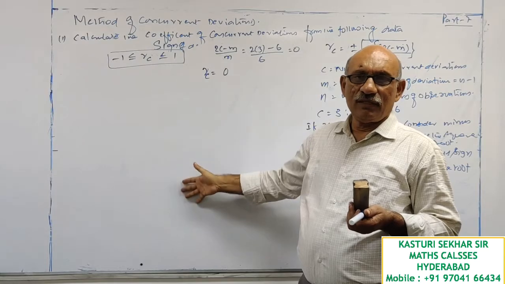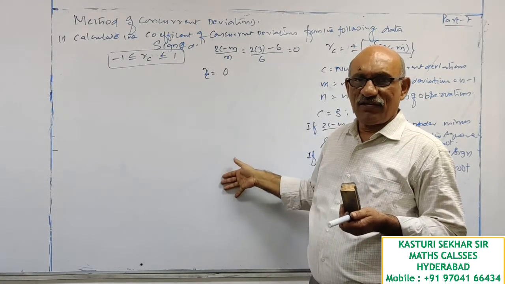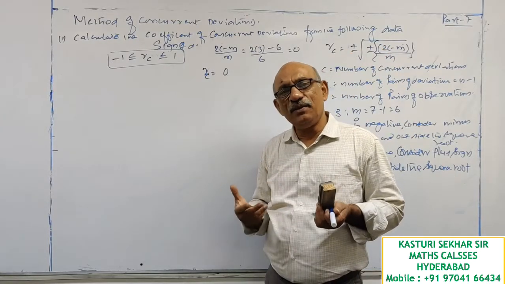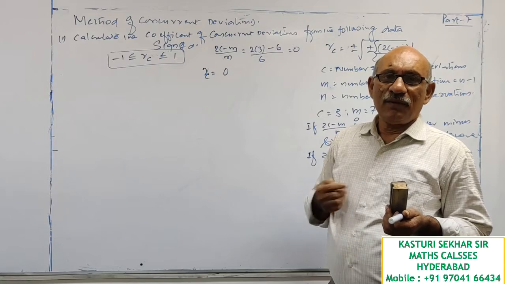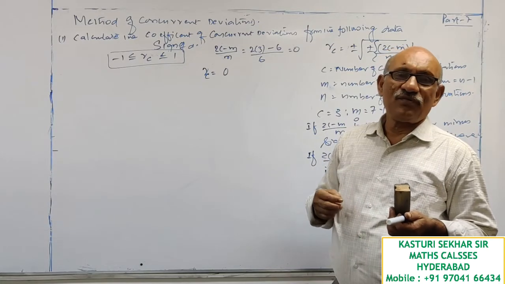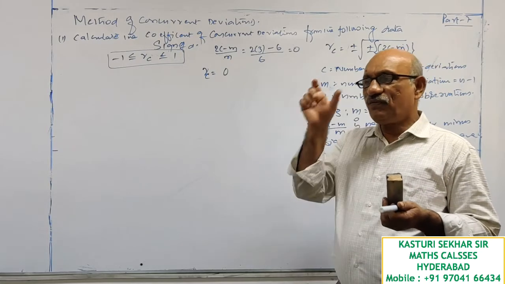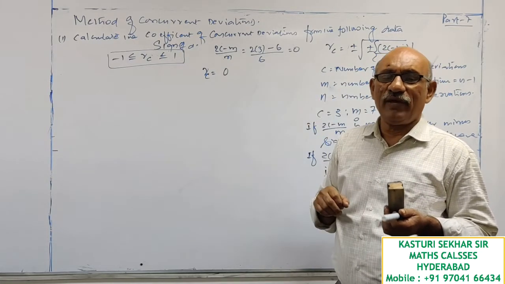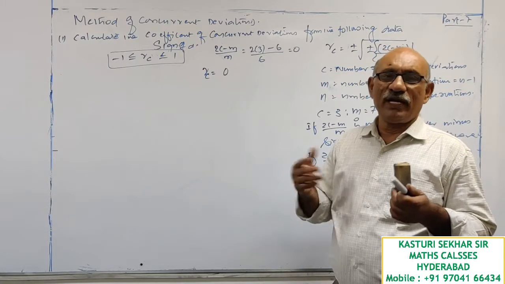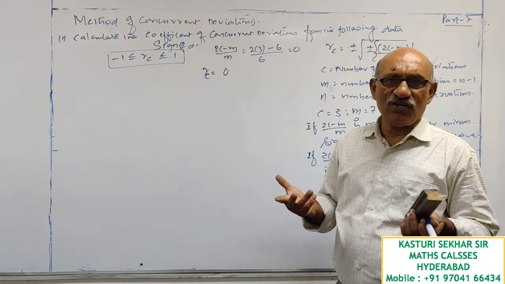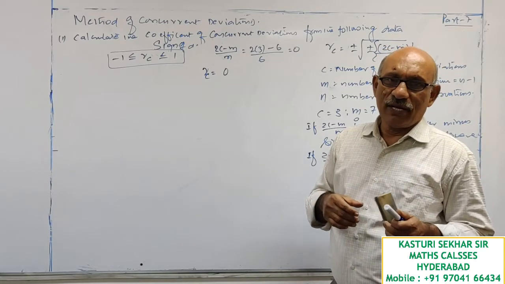When this is done for the X series, take the same process for the Y series, and after that see for how many pairs we have the same sign of deviation. The pairs which have the same sign of deviation are known as concurrent deviations, meaning the values of the two variables are moving in the same direction. It may be positive or negative, or there is no change at all. Fine. Let's see the objective type questions we have.